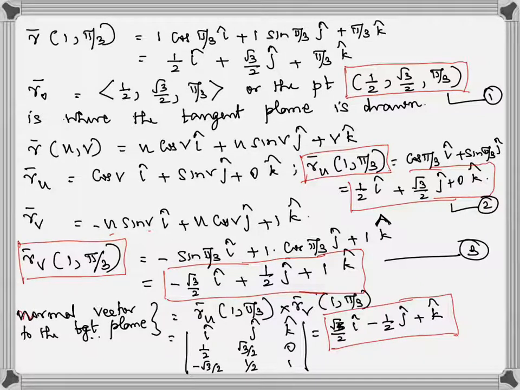Now we know the point through which the tangent plane passes, and from the last step we got the normal vector. Now the question is only to write down the equation of the tangent plane.